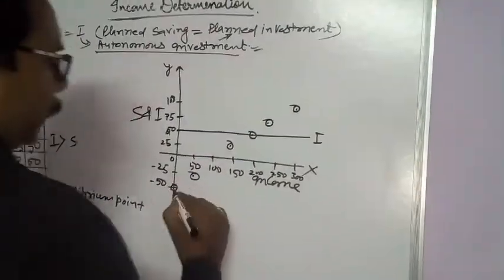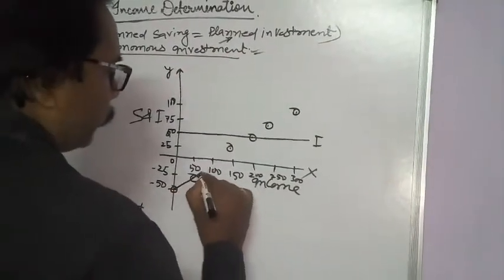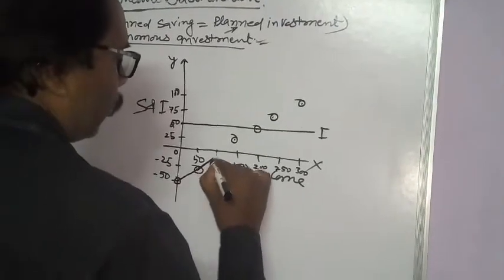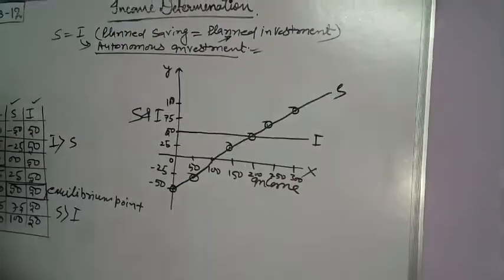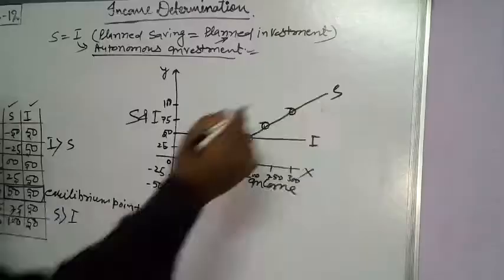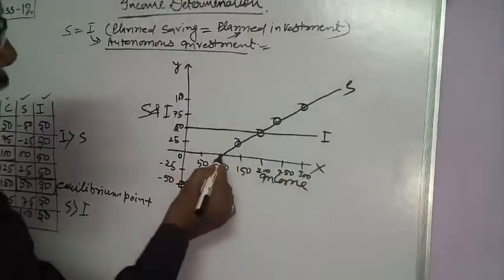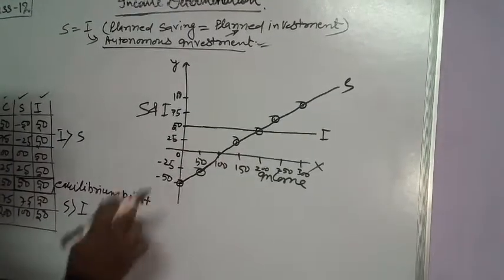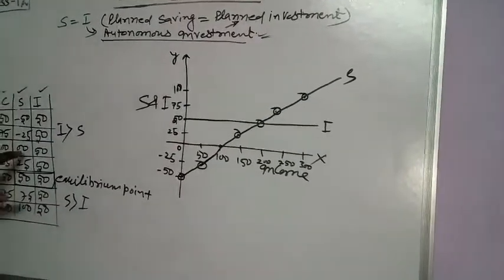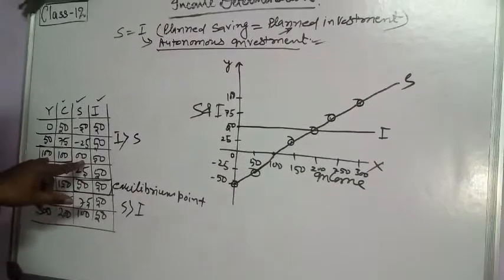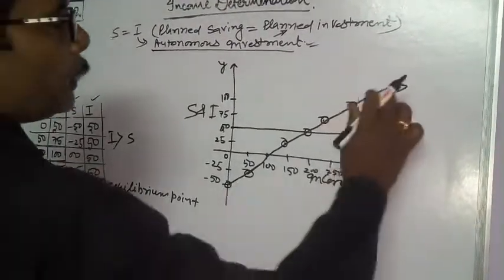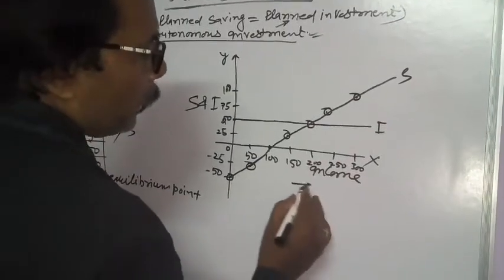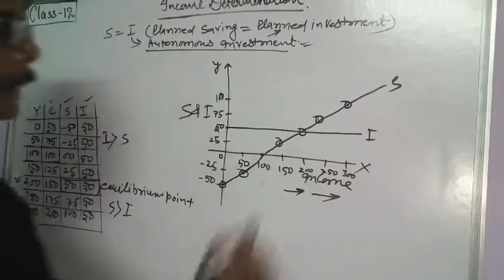So in this way, when we join all the points, we get the saving line. When the income is 100, the saving becomes 0. You also find this in the schedule, and the saving line always moves upwards because income is continuously increasing.